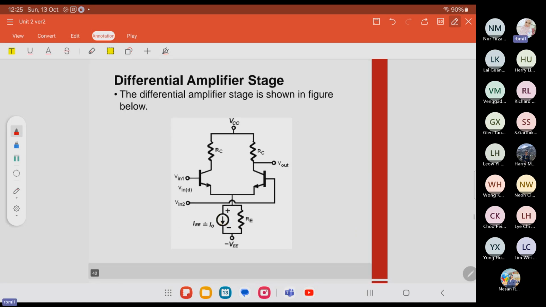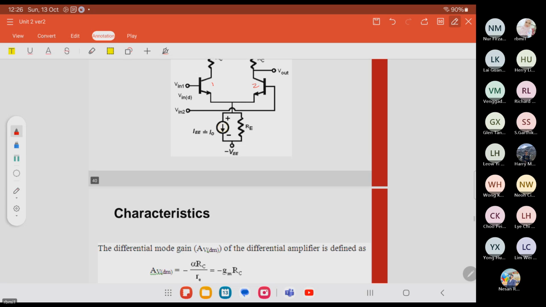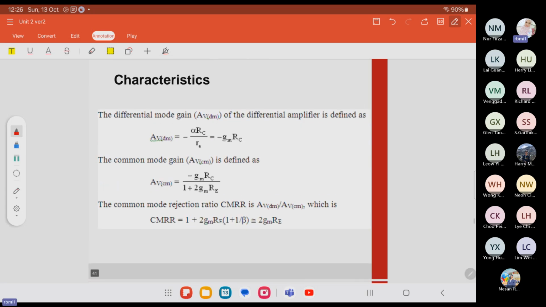Okay, so this is the differential amplifier stage circuit. The differential amplifier stage of the op-amp is the input stage used to provide inverting and non-inverting input with the common mode rejection ratio value. We have BJT1 and BJT2. Okay, so these are the characteristics of the DC analysis of the differential amplifier.